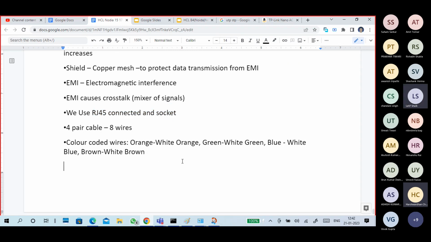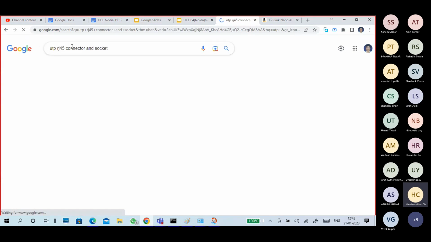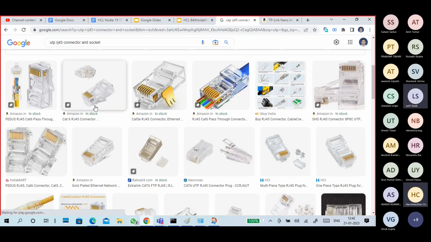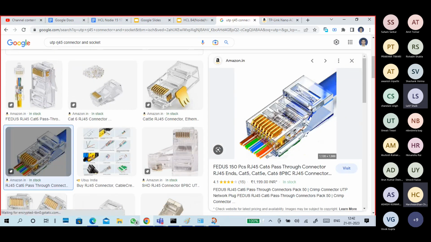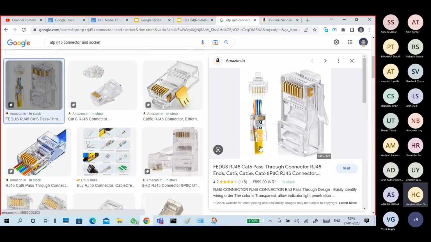What is RJ? Registered Jack. I can put it here also, but I put it there. So this is the RJ45 connector. This is the connector, guys. We insert the cable like this, and these colors are connected like this.